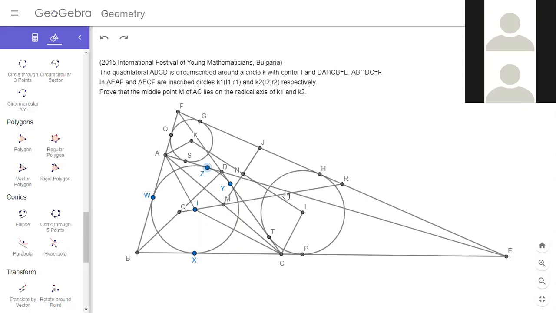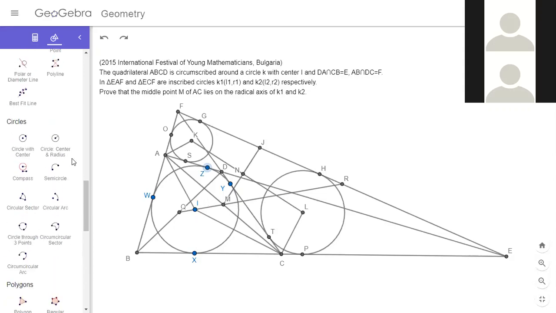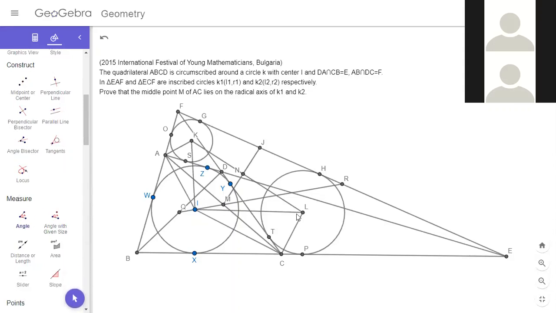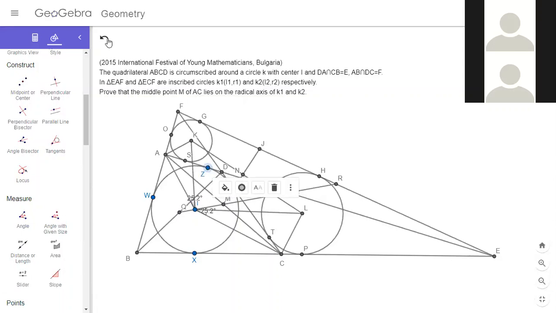Is angle KIA equal to LIC? I mean, are those two triangles directly similar or something? KIA and LIC? Maybe. Yeah, we know it's 90. Yeah, they look similar. Interesting. They are both similar. I think we can try using that.